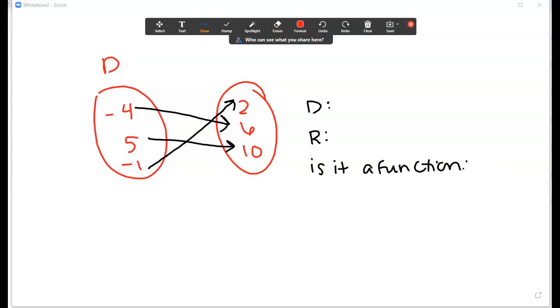So again, the domain is everything in the X column. It needs brackets. So it would be -4, 5, -1. The range is 2, 6, and 10. And since every X only maps to one Y, this is a function.